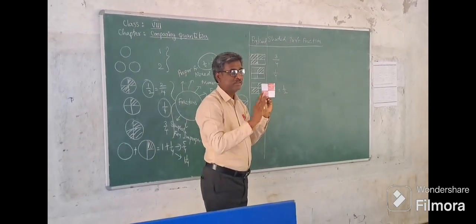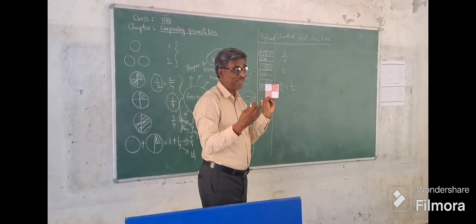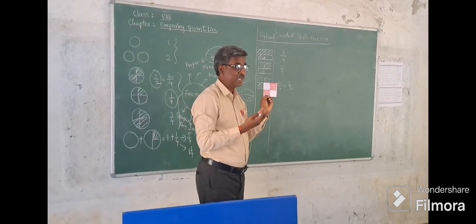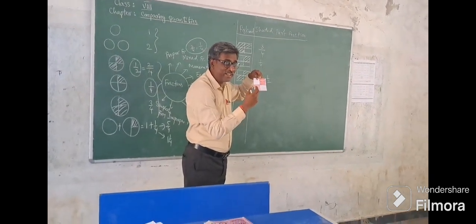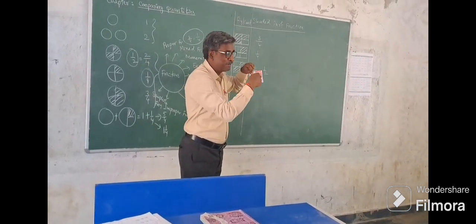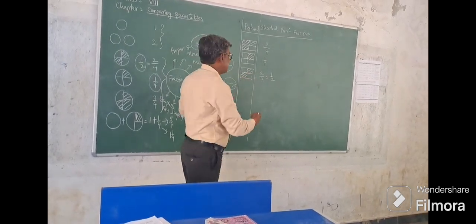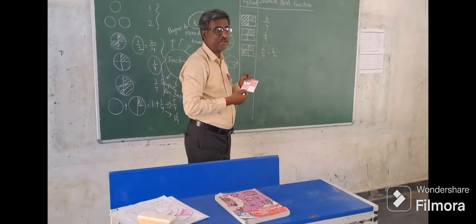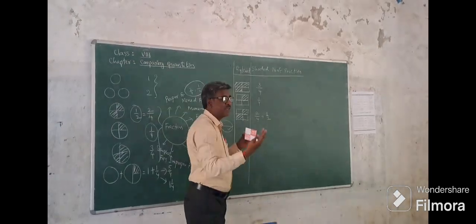After cancellation, the fraction is 1 by 2. Also, without cancellation, the shaded part is exactly half of the total, so by that reason also we can say this is 1 by 2. Otherwise, as per the proper way, 2 by 4 after cancellation.